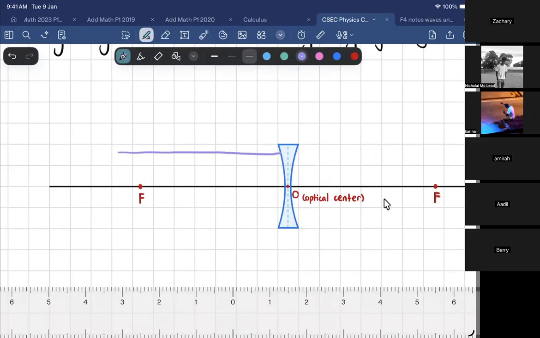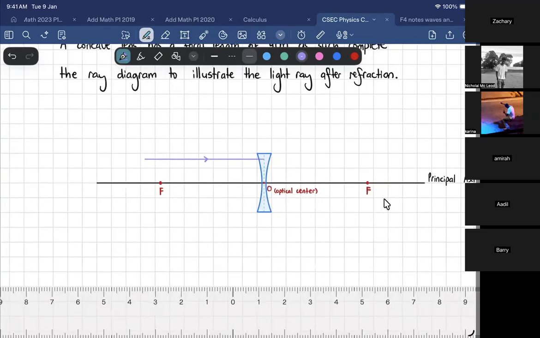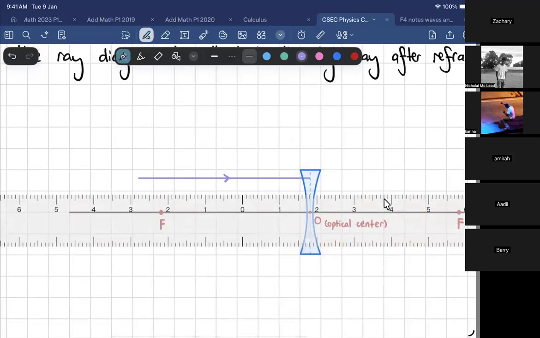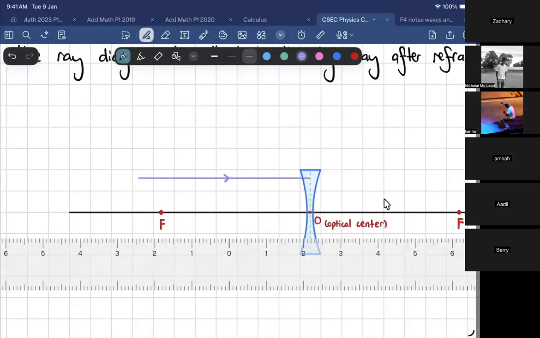So I am going to draw a light ray here, and I want you to now draw the light ray after the lens. So that's what I wanted you to do to complete this diagram.